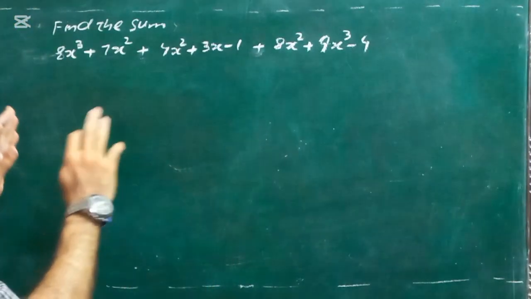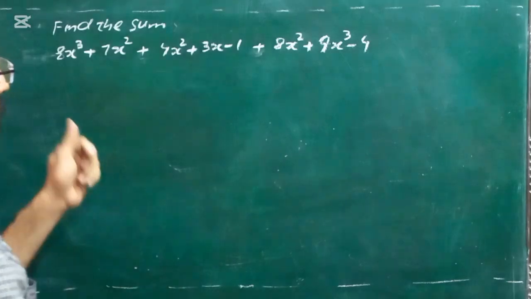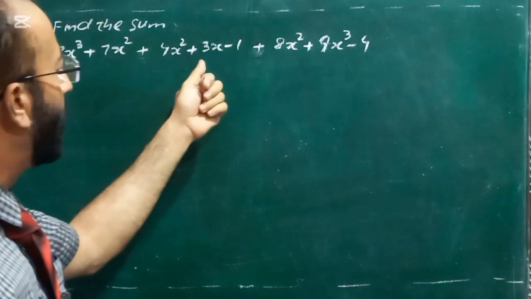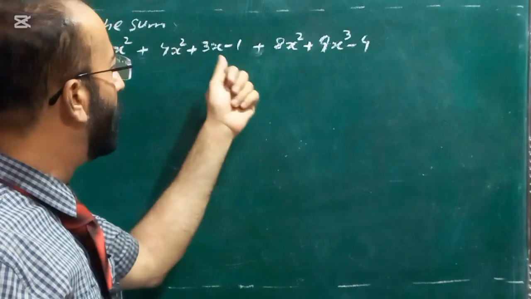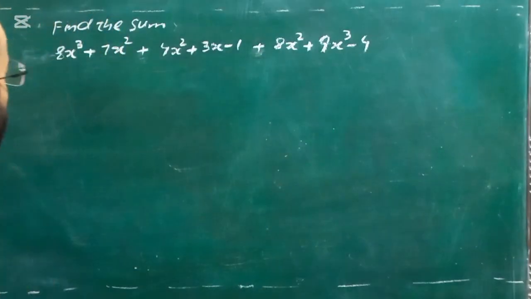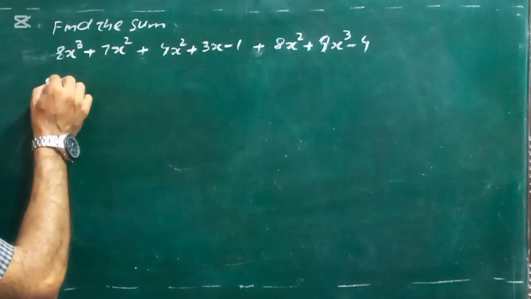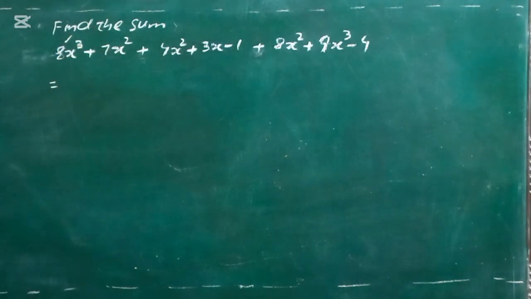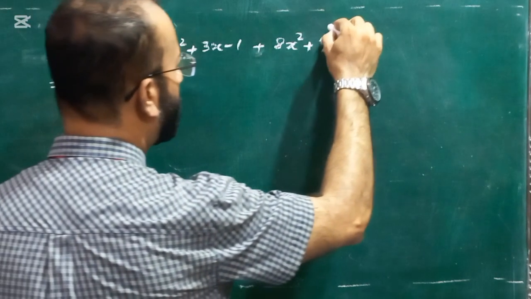So look now, the respective variables will be solved. There are 3 kinds of variables: x cube, x square, and x, and digits are also there. So look now, first x cube values are going to be solved. So 8x cube plus 9x cube.